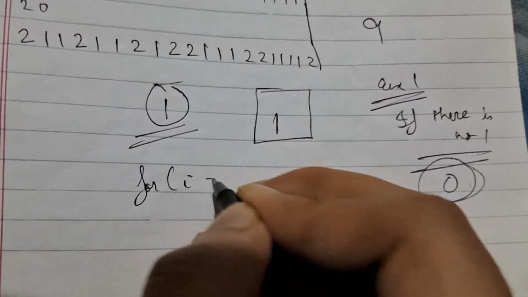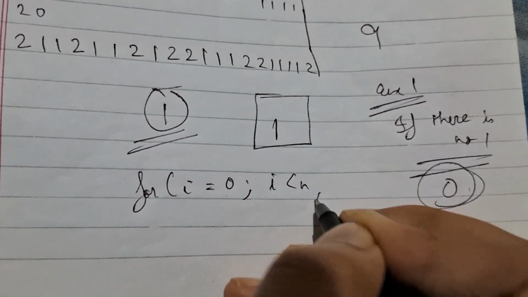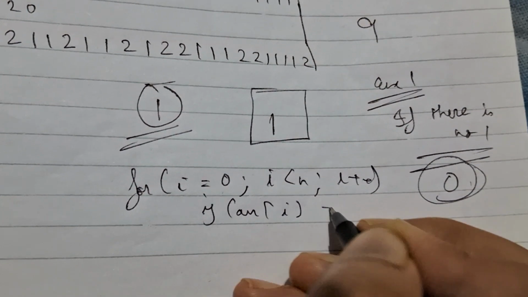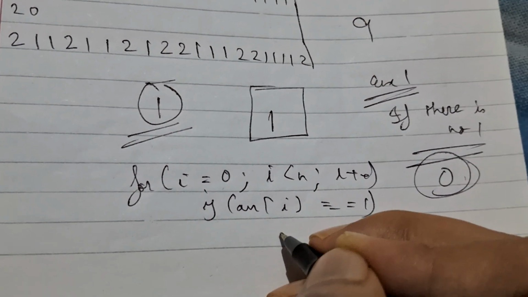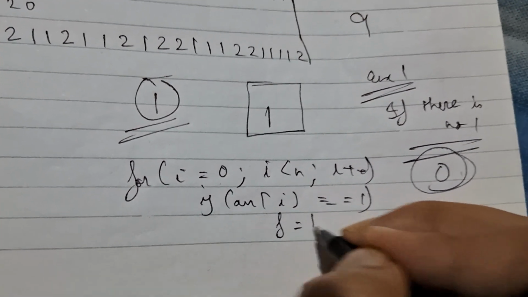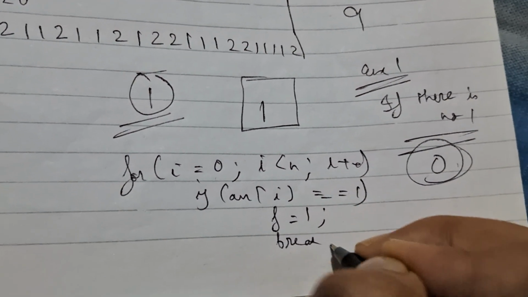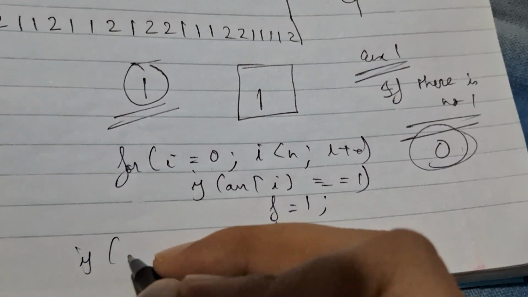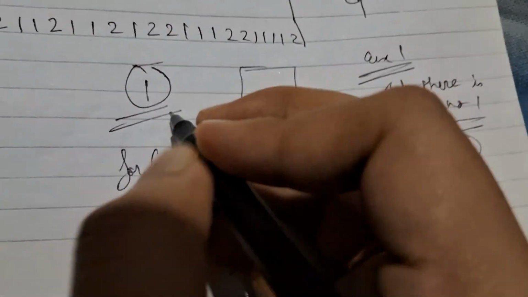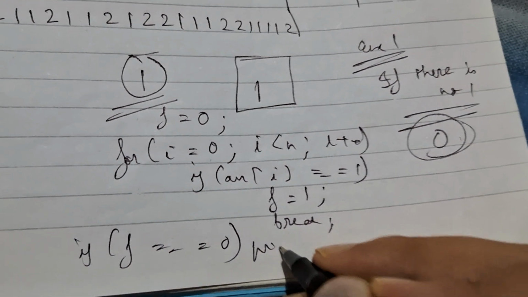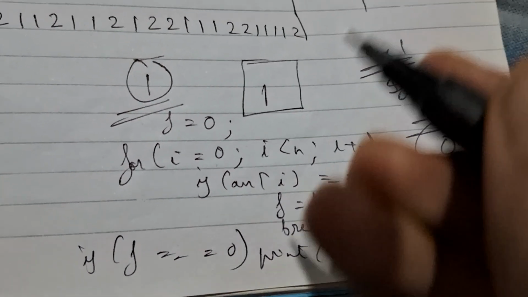So let's say you're going, okay, so if there is a 1, simply make the flag equal to 1 and break. Okay, now if flag is equal to 0, it was initially equal to 0, so print 0, because there is no 1, he purchases nothing.